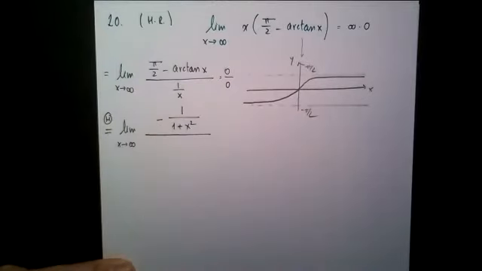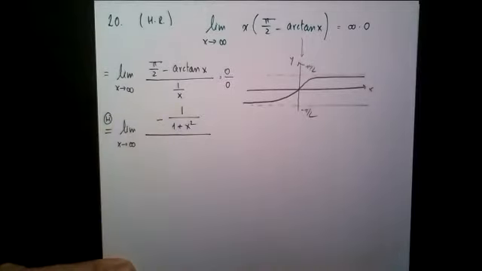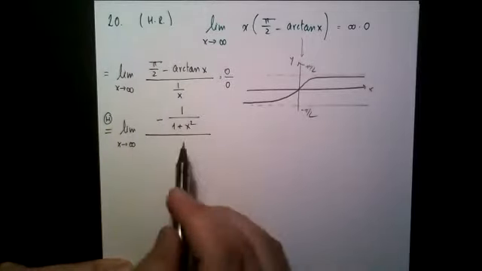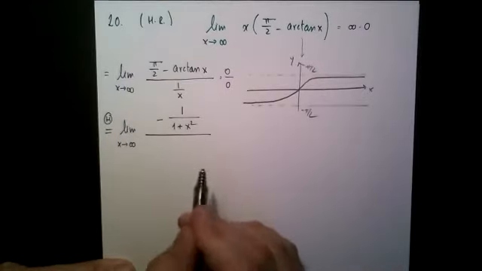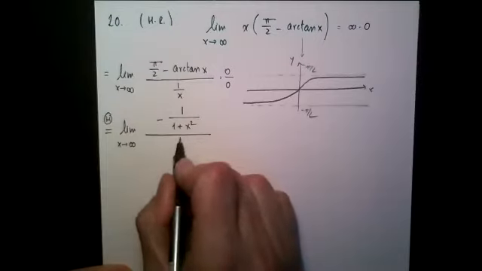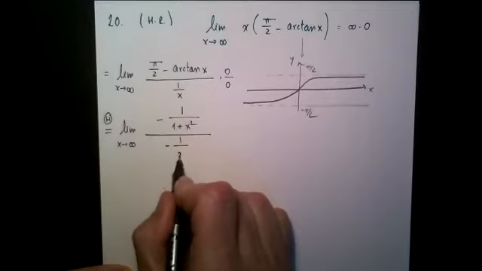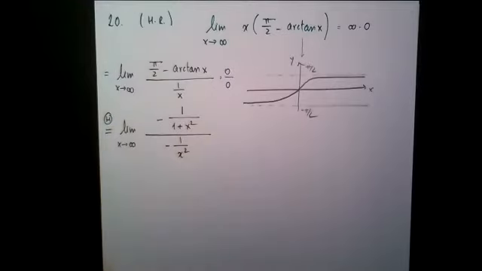Yeah, 1 over 1 plus x squared. Okay, so this we proved, you're thinking, but you shouldn't think anymore at this point. It has to become natural. And then all this divided by the derivative of 1 over x, which we know is negative 1 over x squared.